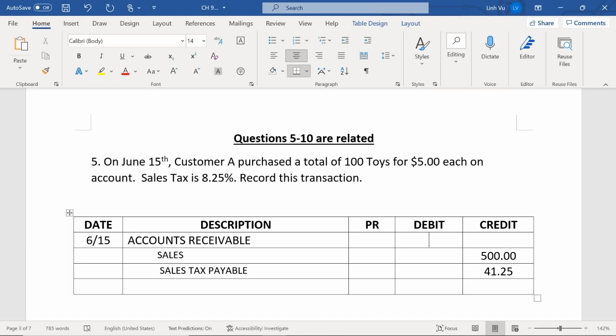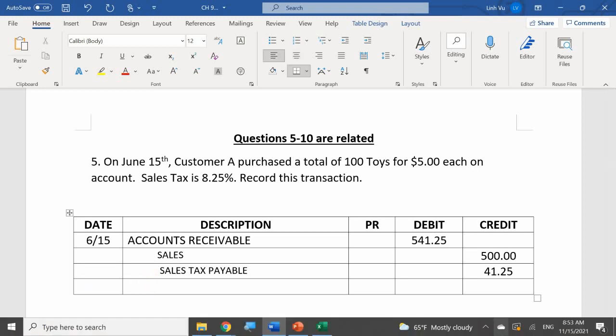So in grand total, how much does customer A owe me? $541.25. Your note will be: sold 100 toys to customer A.